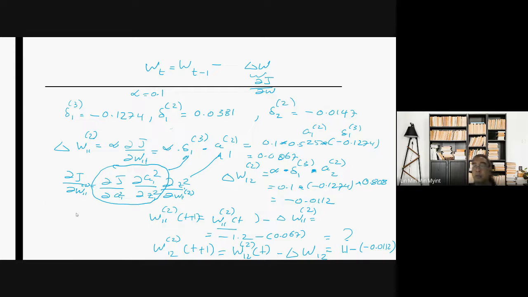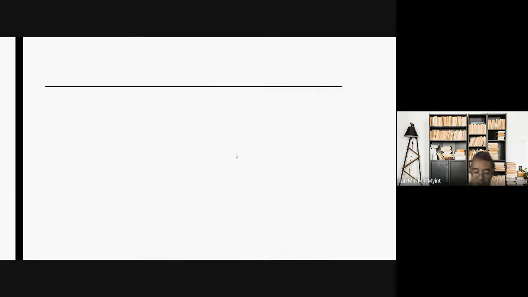And also similarly for delta W111, this can be calculated by alpha. Alpha is the same.